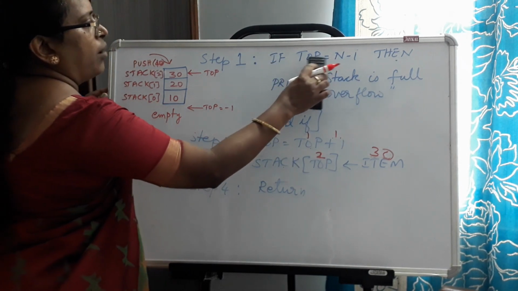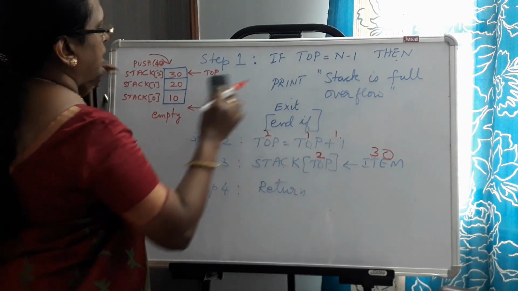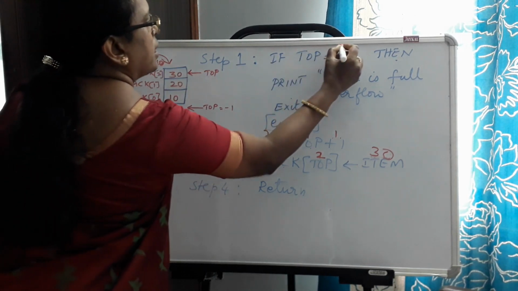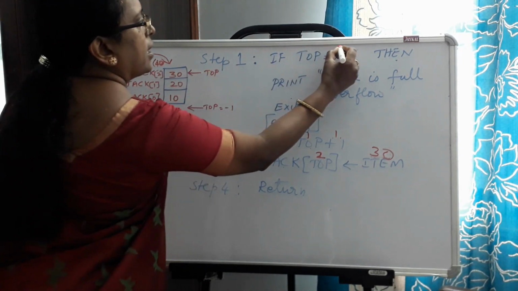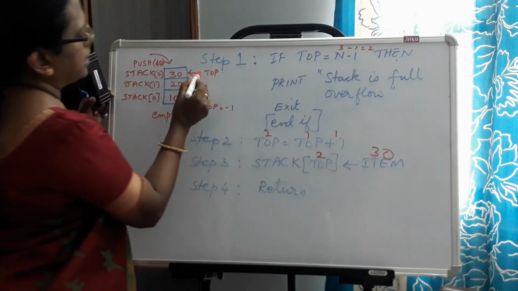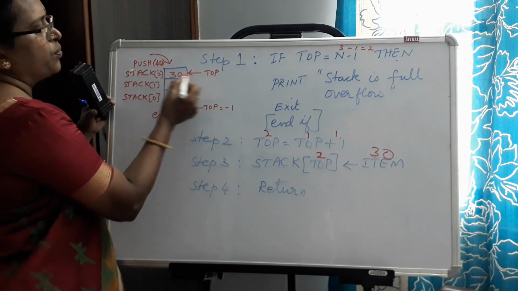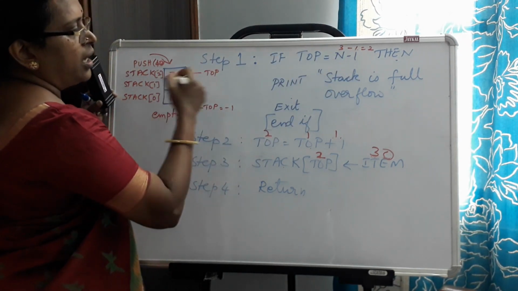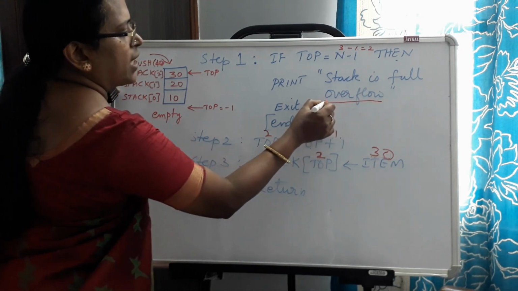If top is equal to n minus 1, see here, what is the value of top? It is 2. Our stack size is 3. 3 minus 1 is equal to 2, which is the top pointer value. So it means that the stack is full and we have come to the overflow condition.